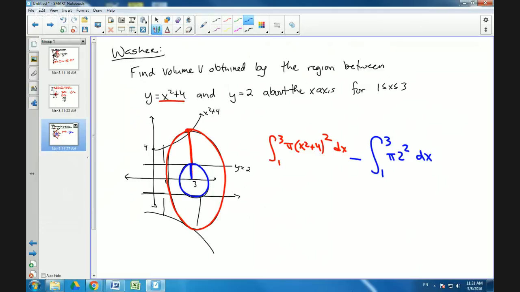Like I said, you have two integrals now. If you want, the formula in your book writes it like this. Let me get rid of that pi first.